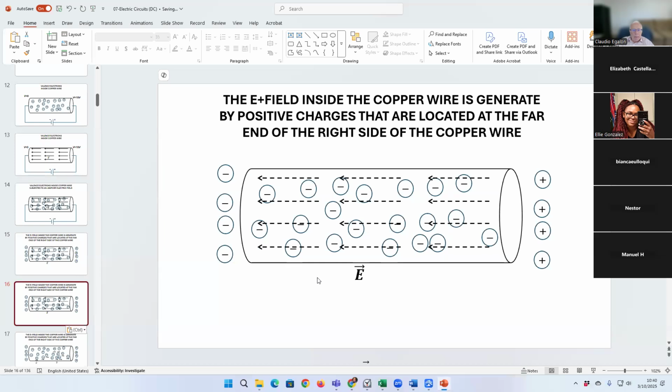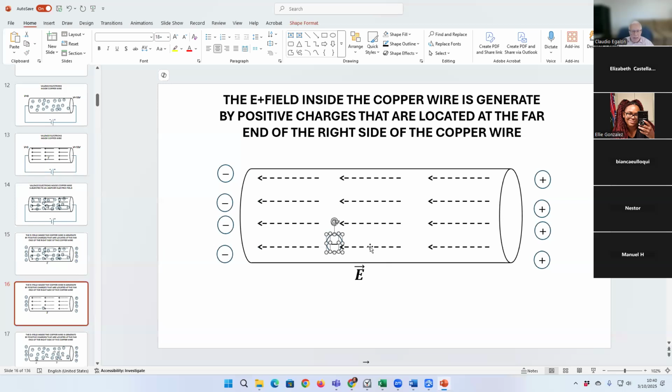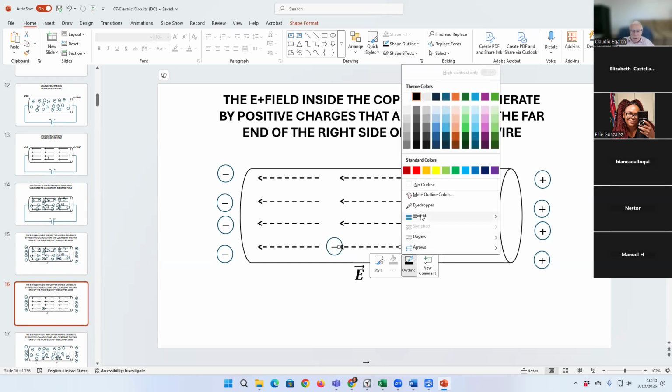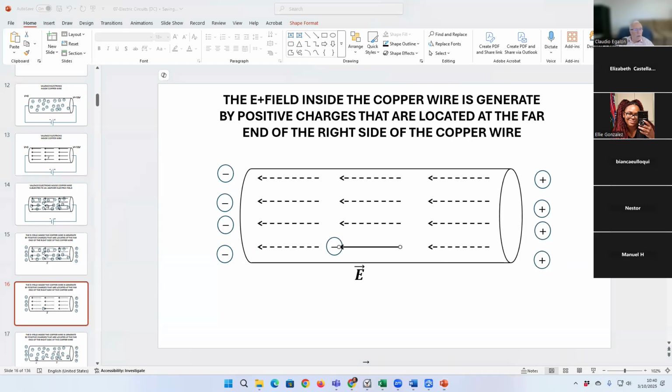I'm going to remove some of the charge so you do not have too much stuff here, and concentrate only on one of the electric charges. My electric field is no longer dashed.